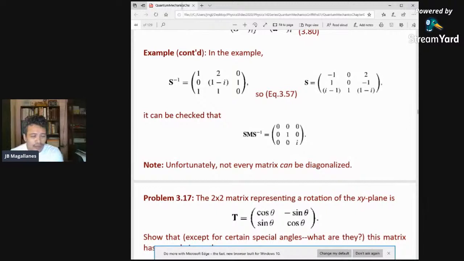And the rest of the elements in the matrix are 0. So in this case, you have successfully diagonalized M.